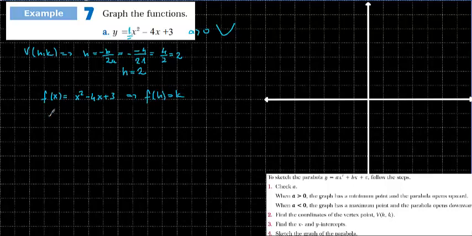And f(h) is equal to k, which means you substitute this h value: f(h) is equal to h squared minus 4 times h plus 3.